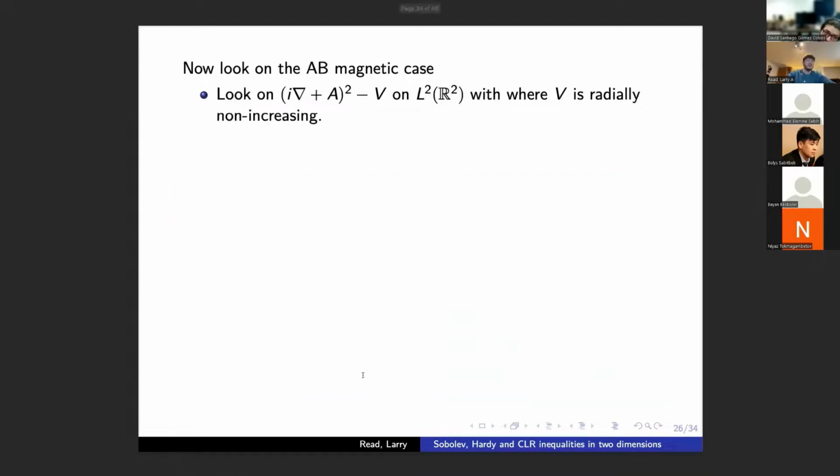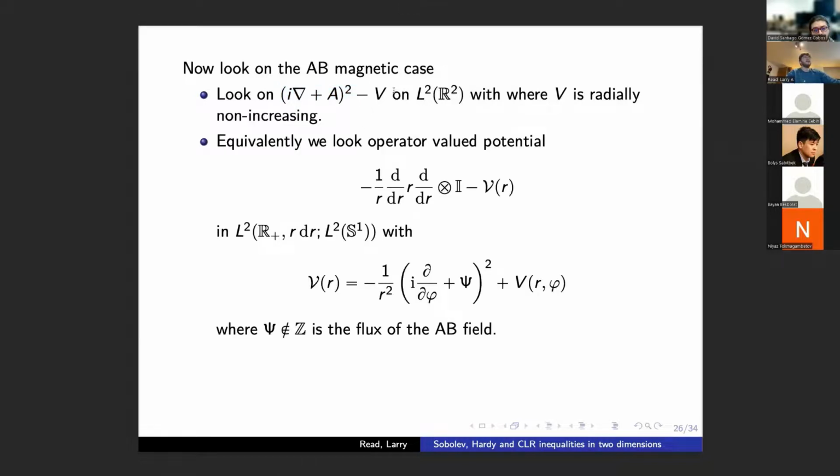The context of the next thing is that we can do it now for the Aharonov-Bohm magnetic potential. So if you assume A is such, then you look at the magnetic Schrödinger operator with potential V, where V is now radially non-increasing, and you look at the operator-valued potential here with F now equal to r.